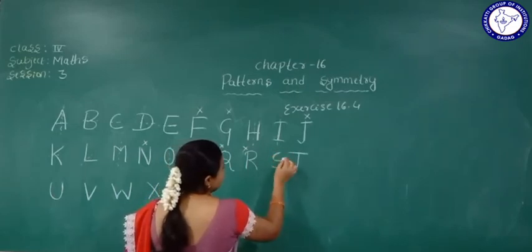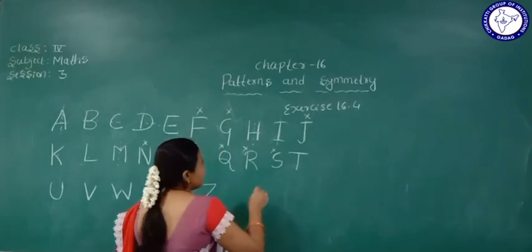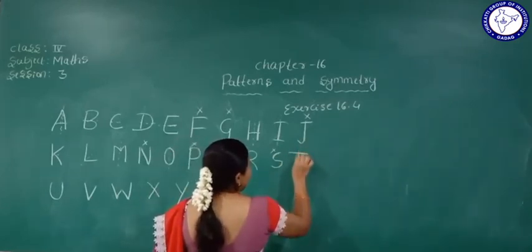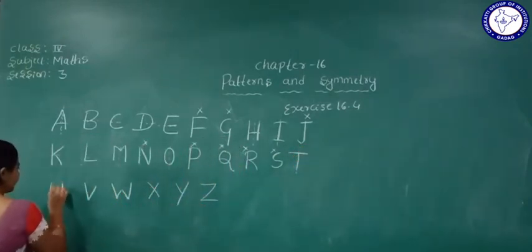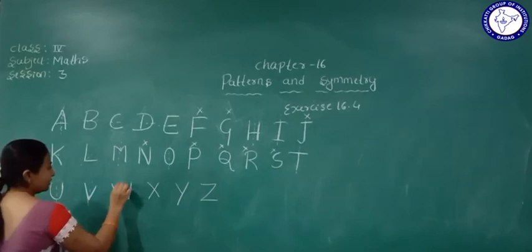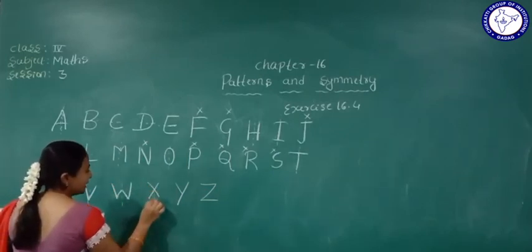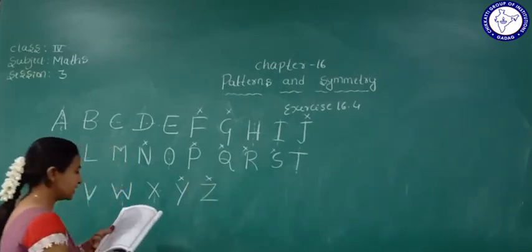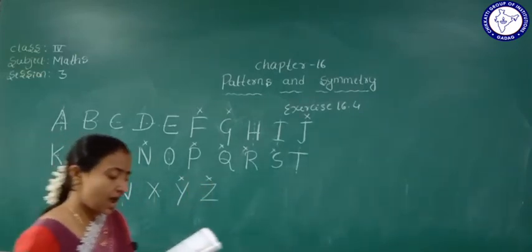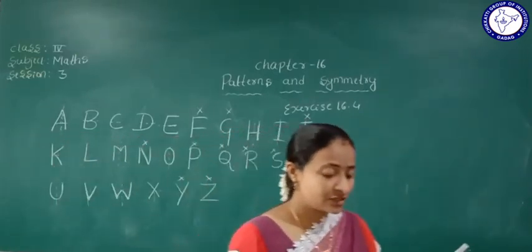It can be folded like this, but it does not have it. So T like this, it has an axis of symmetry. Next U, V, W, X like this and like this also. Y does not and Z does not. So you can understand how many letters have an axis of symmetry.